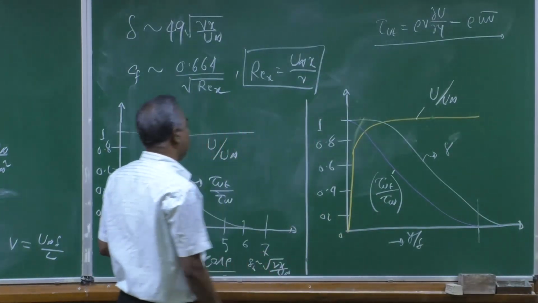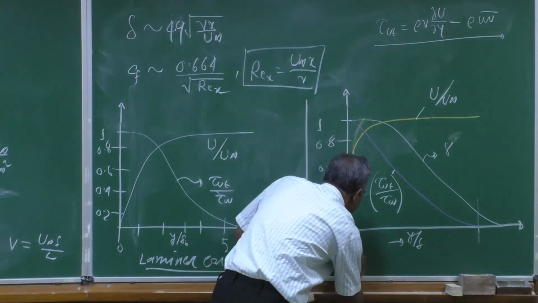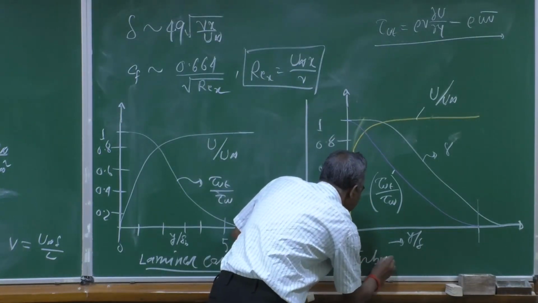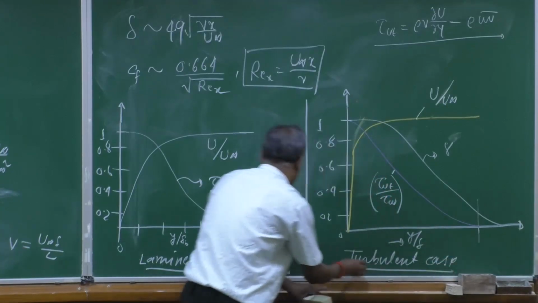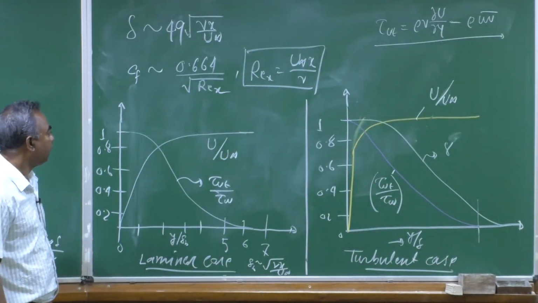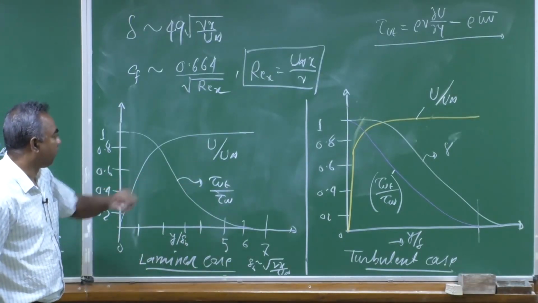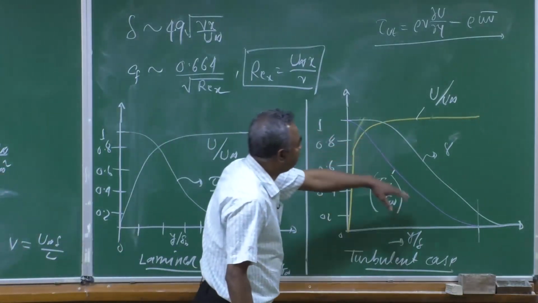So, from these two equations, this particular profile is for the turbulent case. This is the laminar case and this is the turbulent case, and if you compare the shear stress profiles, they are something similar.